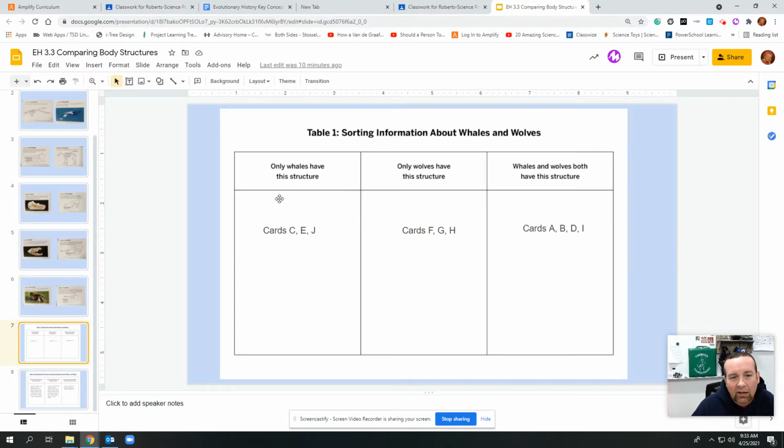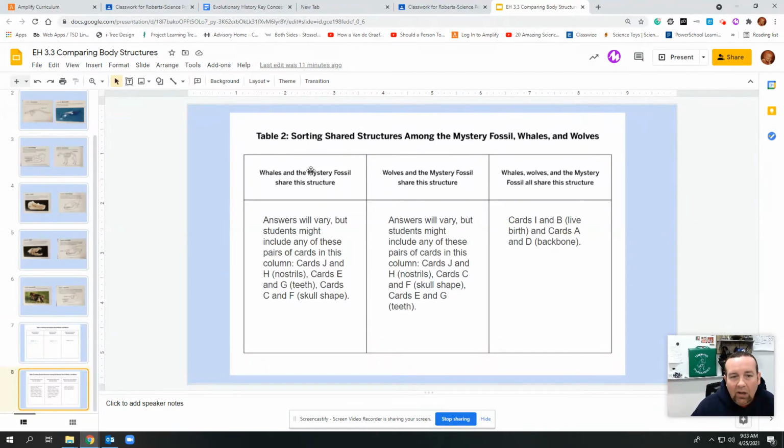So we would say that only whales have the structures that are represented on cards C, E, J, only wolves, F, G, and H. And then both wolves and whales share cards A, B, D, I. And if we go down to table 2, this will have our sorting answers and thinking for part 3. So let's bounce back over to Amplify.